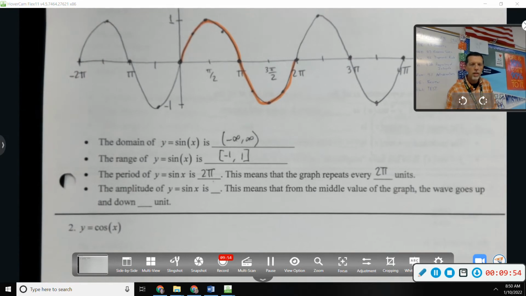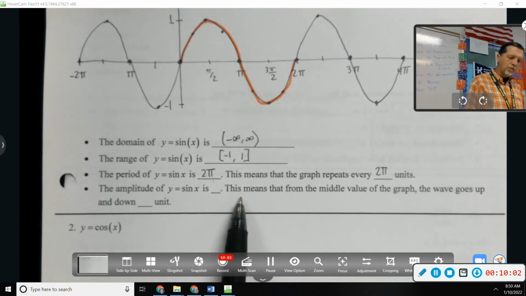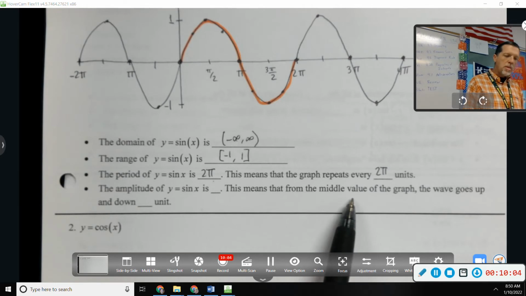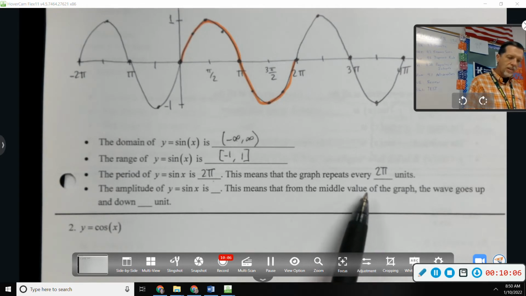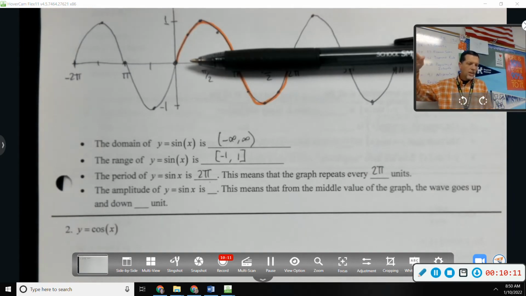The amplitude of y equals sine of x. Again, if you read the second sentence, you can probably figure out what the amplitude is. This means that from the middle value of the graph, the wave goes up and down. How far up does it go and how far down does it go? It goes up 1 and down 1.